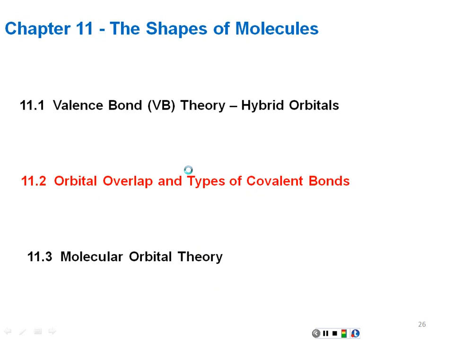So now that we've introduced valence bond theory, section 11.2, we're going to talk about the types of orbital overlap that we can have, and then what types of covalent bonds those overlaps form.